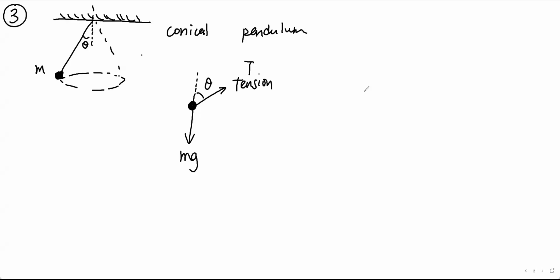Is it? Yes. mg is always vertical downwards. Now then, how can we do it?